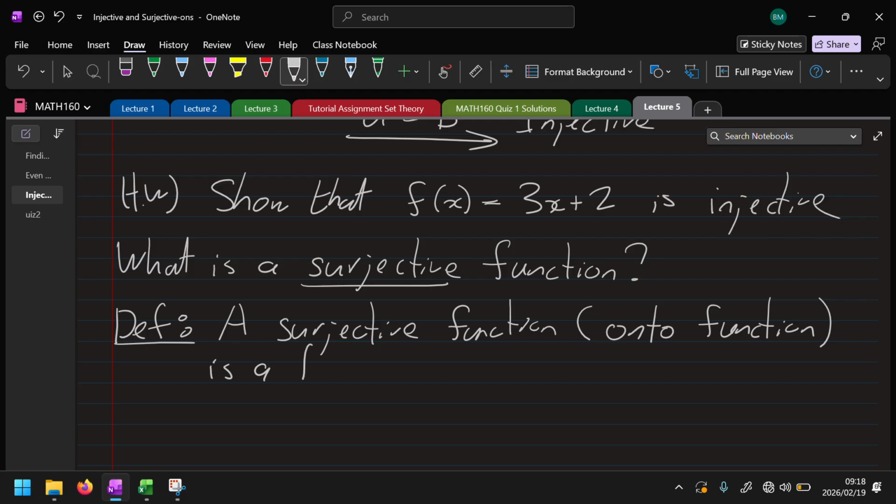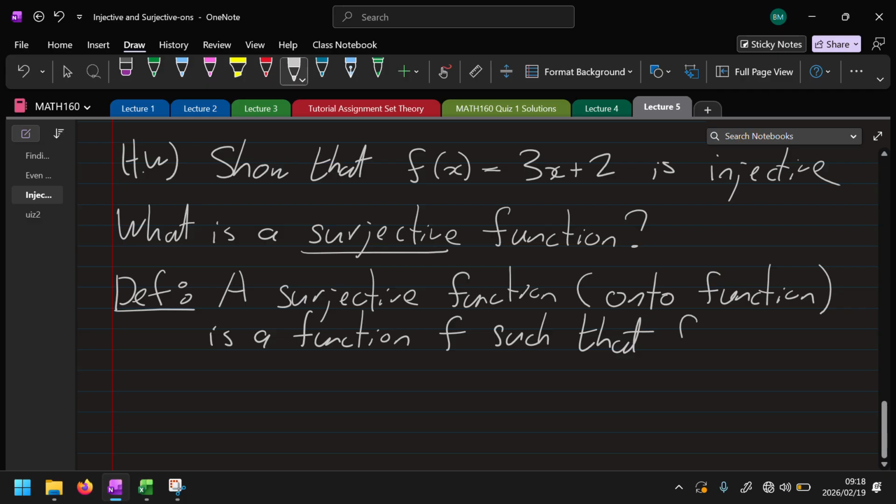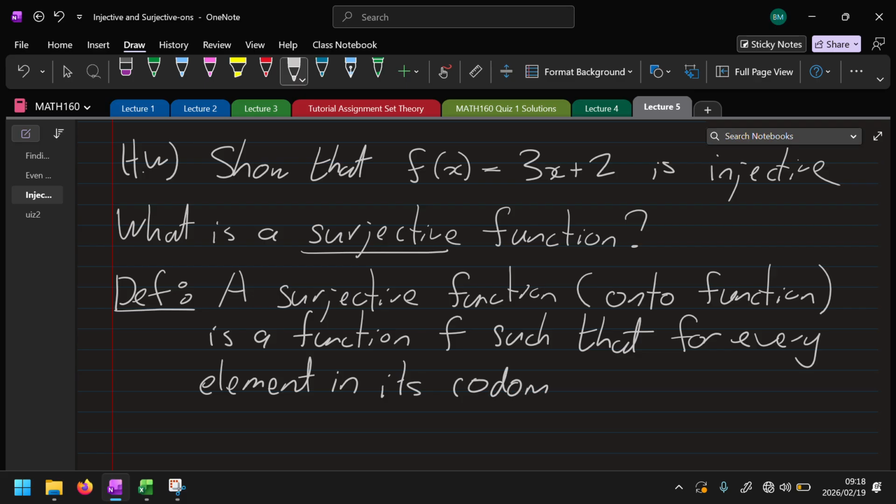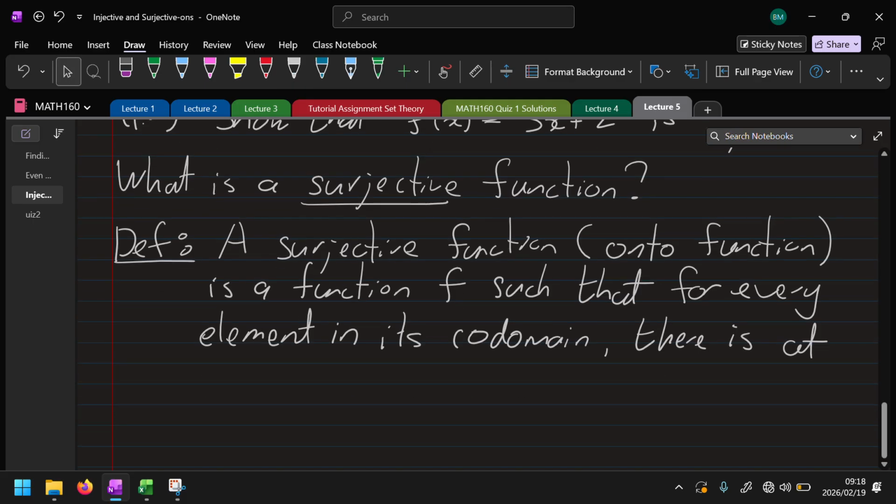Is a function, let's say f, such that, now this is a little bit wordy, but please try to follow along, such that for every element in its codomain, not the domain, for every element in its codomain, there is at least one, not one, at least one.